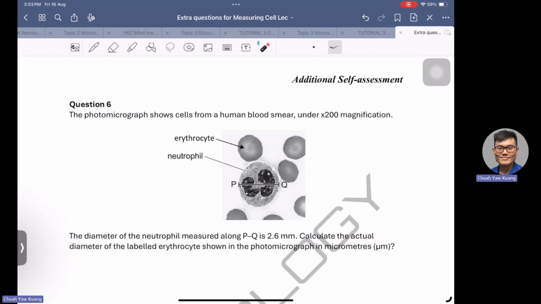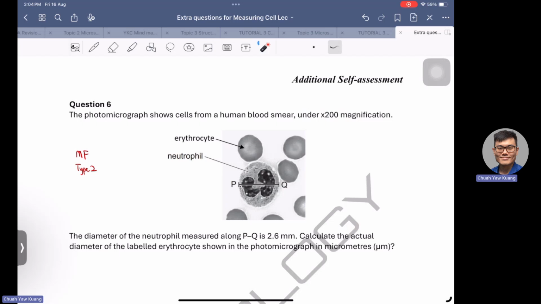So based on this, we can conclude that this question applies the magnification formula, and it is a type 2 question where an image has been given, just that we have to do the measurement in order to solve the question.